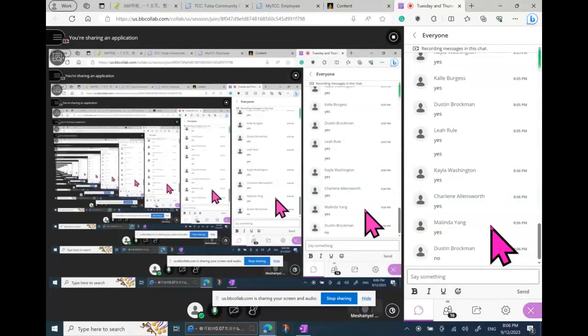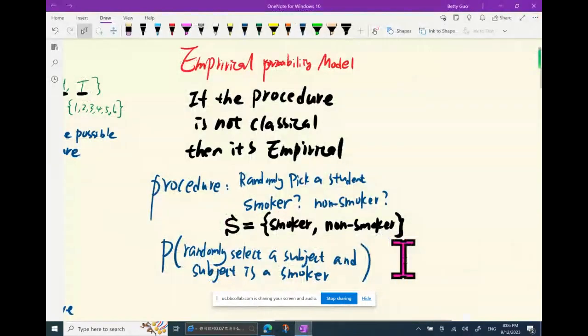If I randomly pick a person in our class, the chance of getting a smoker would be different from the chance if I pick a person in my other classes. You see what I'm talking about? The chance is different. Definitely not 50%, 50%. So those two outcomes are not equally likely.